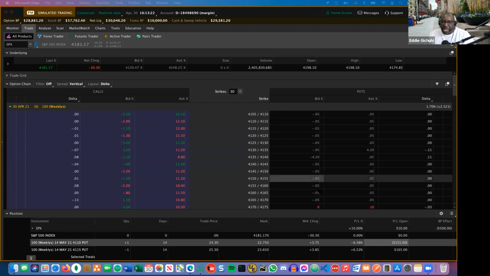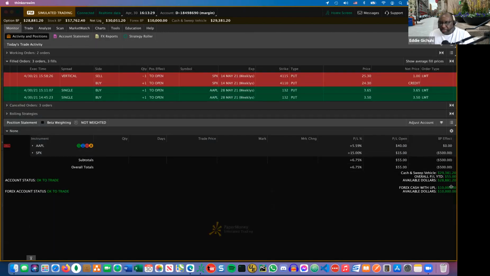How much cash do I actually need in my account in order to do that? Let's go to monitor here and the buying power effect. This is a really good example, because for that SPX contract, we bought 10 wide, and the buying power effect required us to have $500.